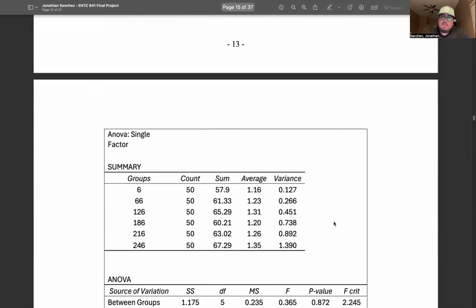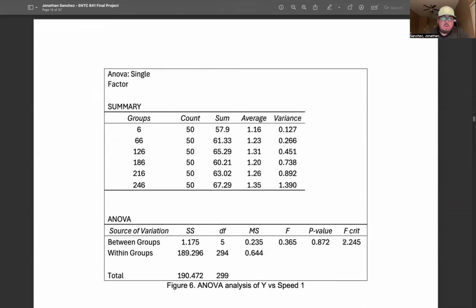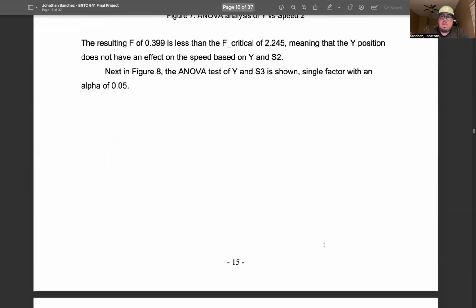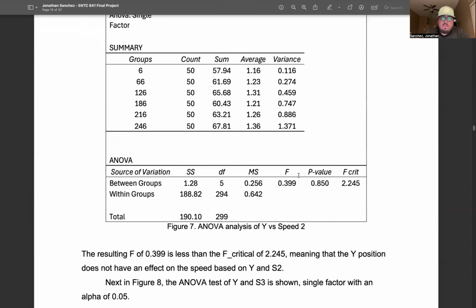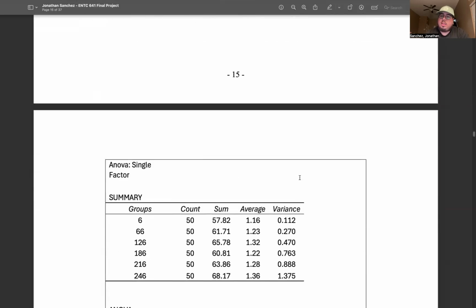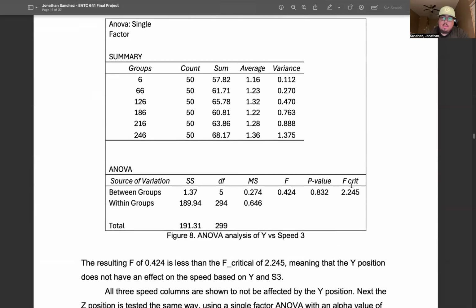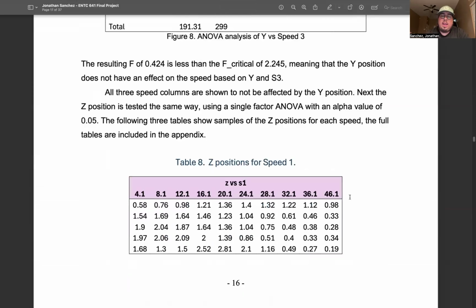The results are the same as the X value. The Fs are way lower than the F criticals. The P value is way higher than the 0.05. Same thing for Y versus speed 2, and the same thing for speed 3. 0.424 versus 2245. That means that the Y as well as the X cannot be attributed to affecting the speed coming out of the nozzle.